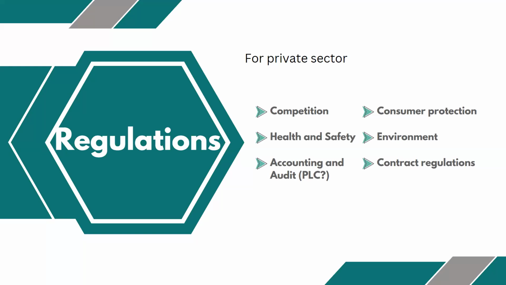However, the private sector needs to comply with rules regarding their activities, like health and safety, worker welfare, employee protection, consumer protection. The private sector may still need to comply with environmental matters, and with accounting and audit standards.